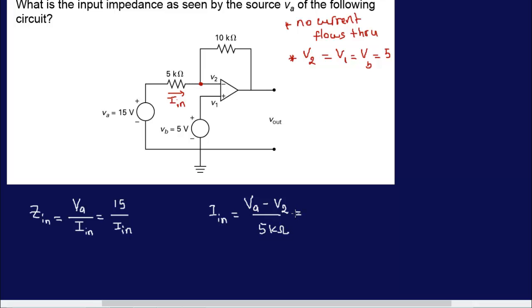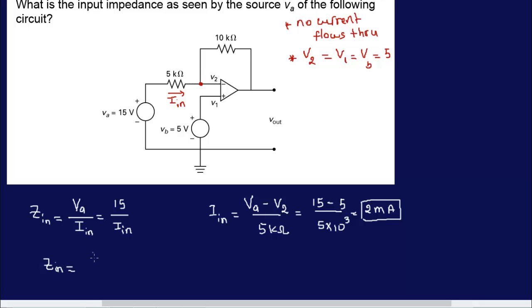In this case, VA is 15 minus V2, which was 5. I'm dealing with volts. Okay, so 5 kilo, times 10 to the power 3. So you got 10 over 5. So that would be 2 milliamps.